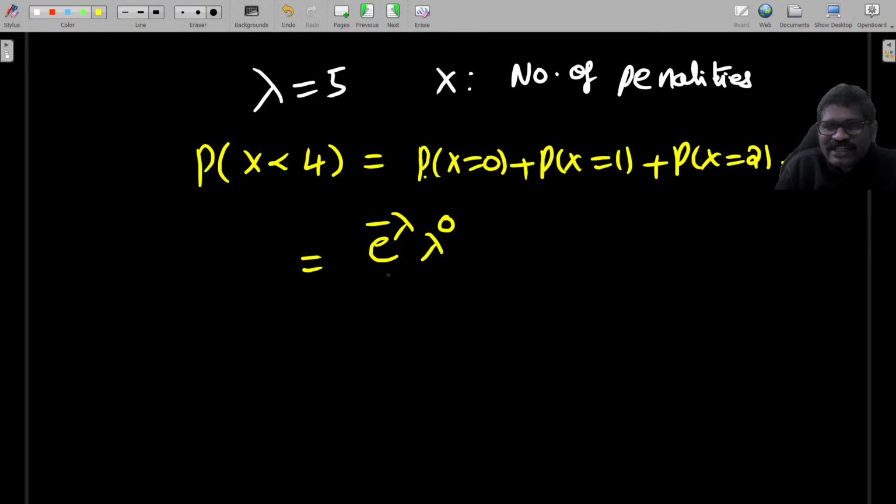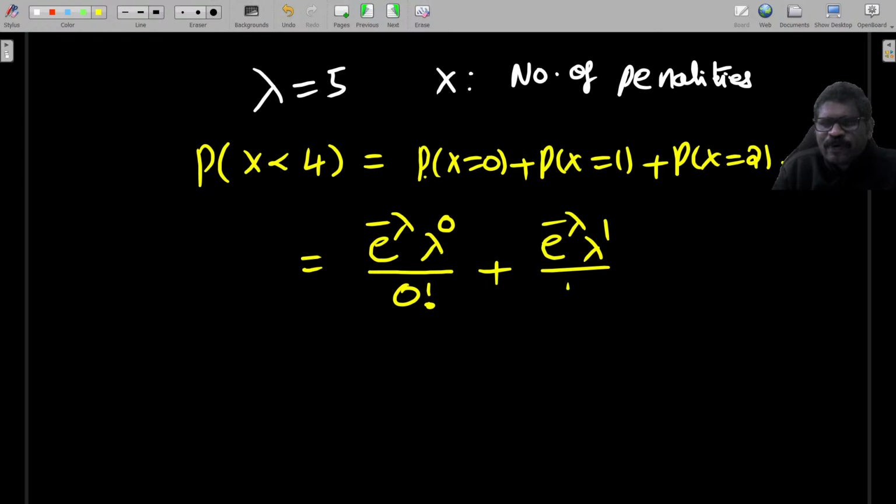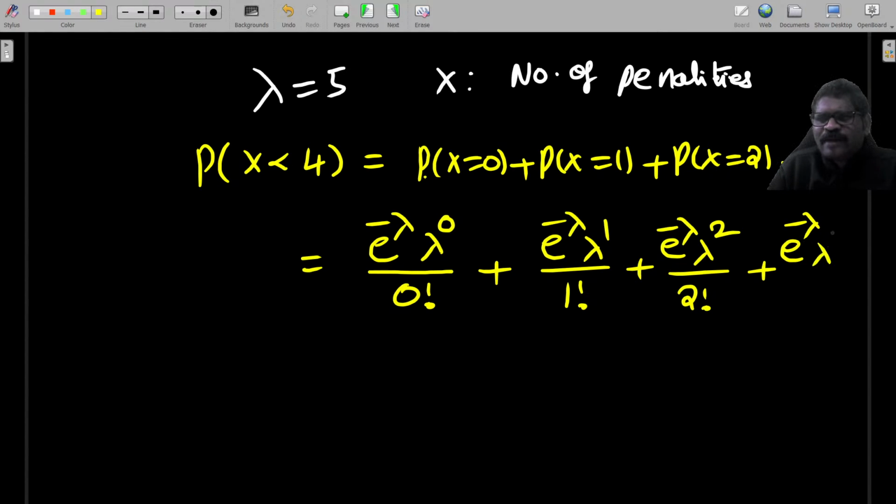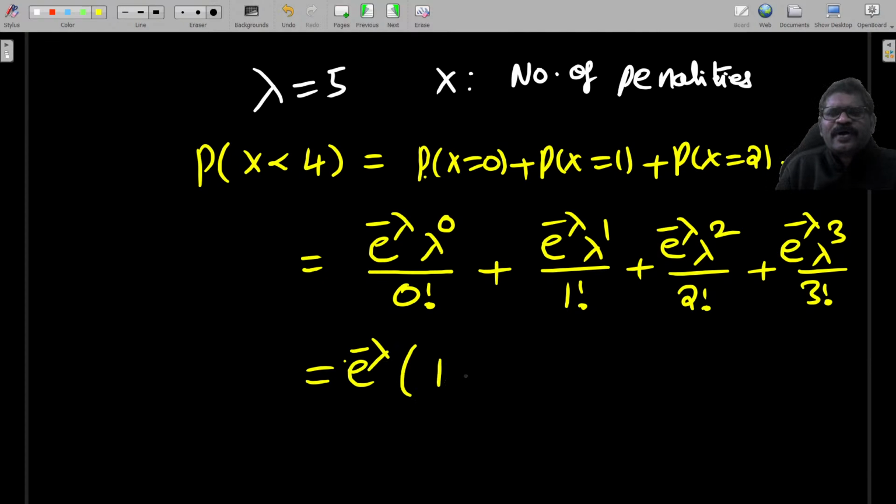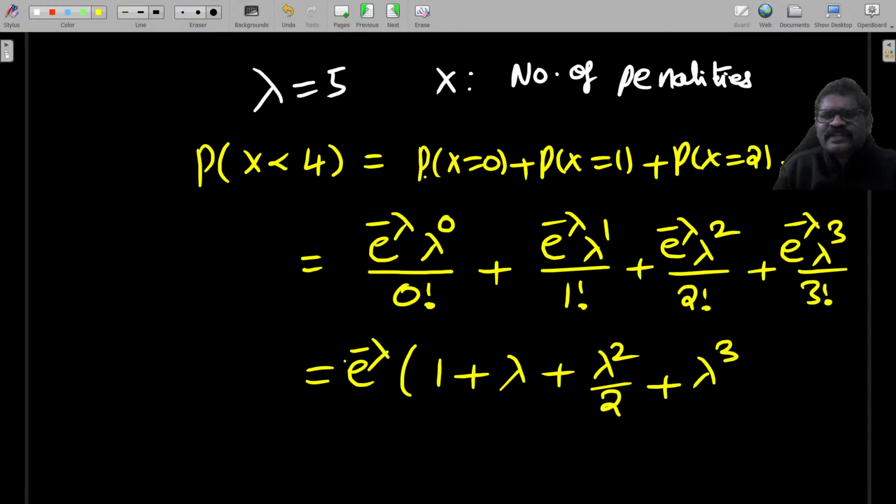For x equal to 0 it is lambda power 0 by 0 factorial. For x equal to 1 it is e power minus lambda into lambda power 1 by 1 factorial. For x equal to 2 it is e power minus lambda into lambda square by 2 factorial, and for 3 it is e power minus lambda into lambda power 3 by 3 factorial. Now if you take e power minus lambda common, we get e power minus lambda of 1 plus lambda plus lambda square by 2 plus lambda cube by 6.